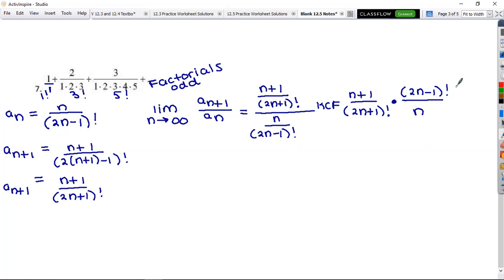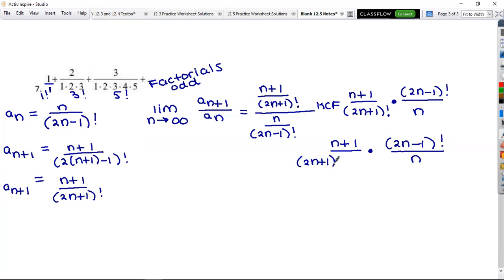So I'll write it out again. n plus 1 divided by, we're going to break down 2n plus 1 factorial. Your first term would be 2n plus 1. That's not going to help just yet. You have to keep going. This is what we're trying to cancel.